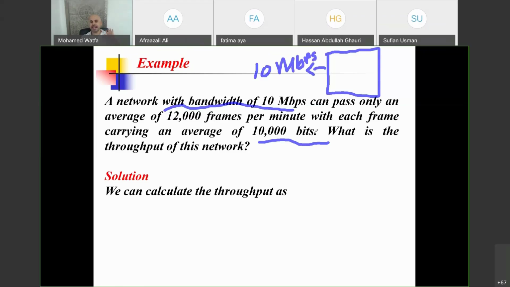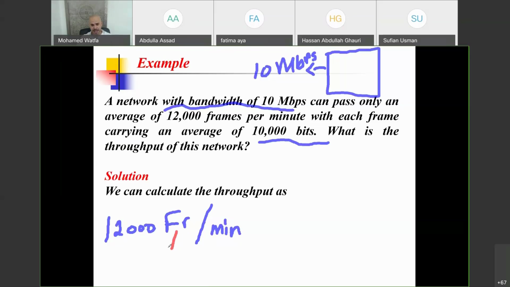So I'm allowed to send 10 megabit per second. Let's see how much I'm actually sending. It can pass only an average of 12,000 frames per minute, with each frame carrying an average of 10,000 bits.